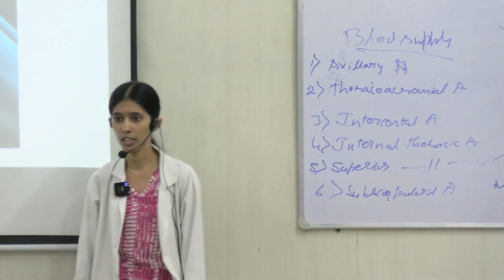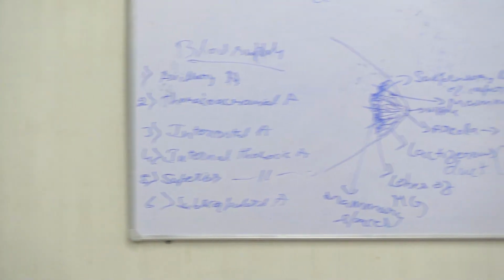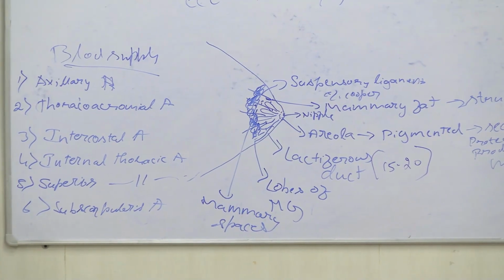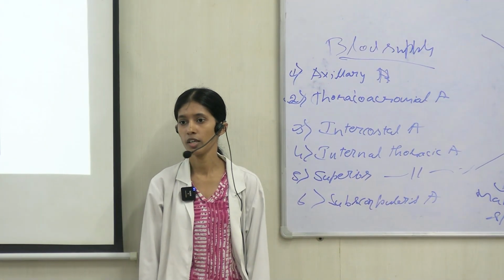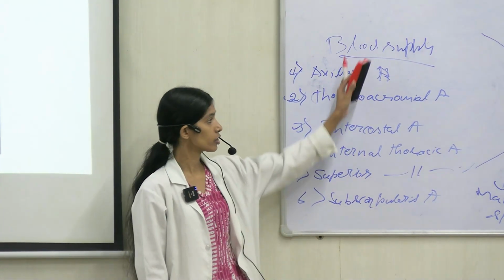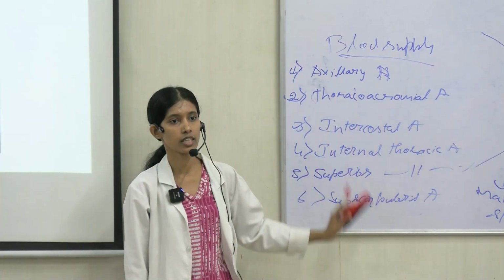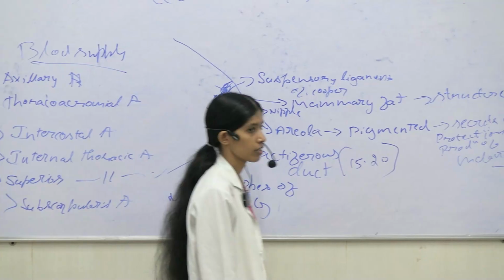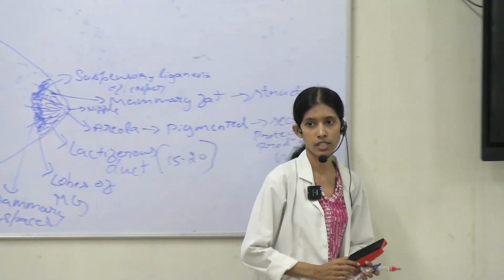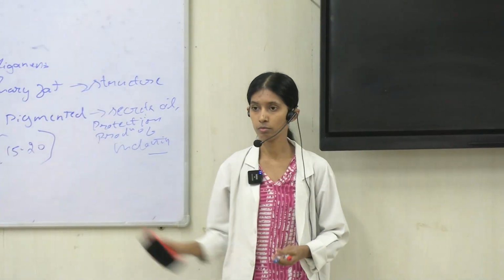Okay, so your friends have mentioned a total of 6 arteries. Among these 6 arteries, the first 3 are the important arteries that supply your mammary gland. So now tell me which region of the mammary gland these arteries supply. Which diagram have you studied for blood supply?